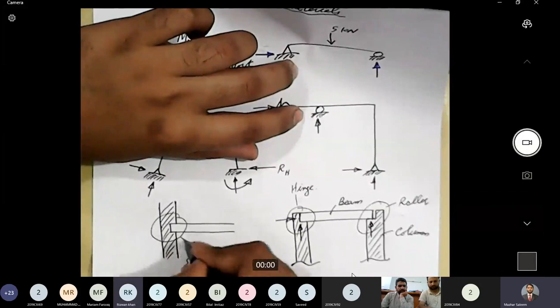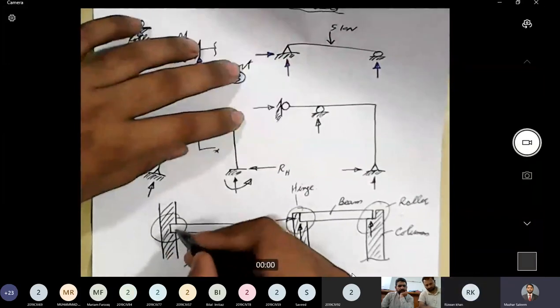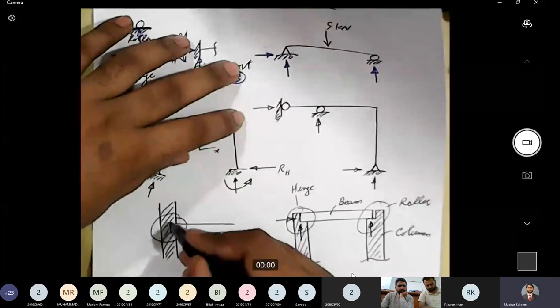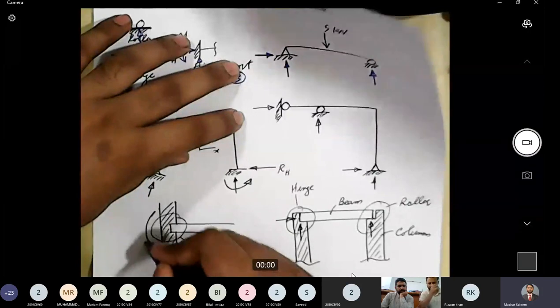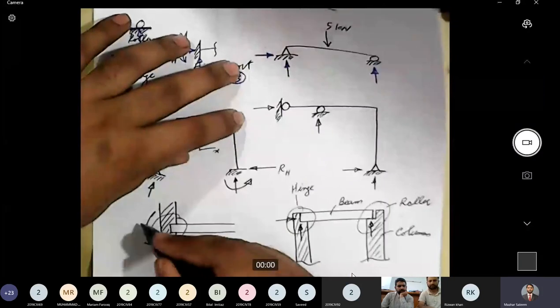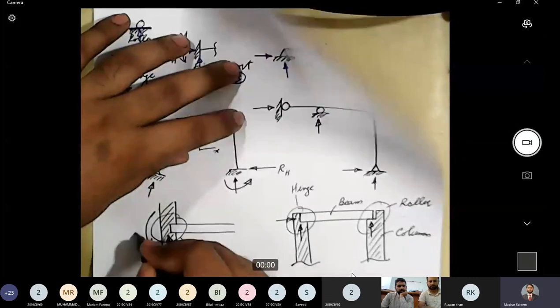Sir, where will the rotational effect come in? Rotational effect, because now this member is clamped completely from the top as well as from the bottom, so the rotational effect will be generated here in the support. I have just shown it outside. The vertical reaction will be generated here, horizontal reaction will be generated here.